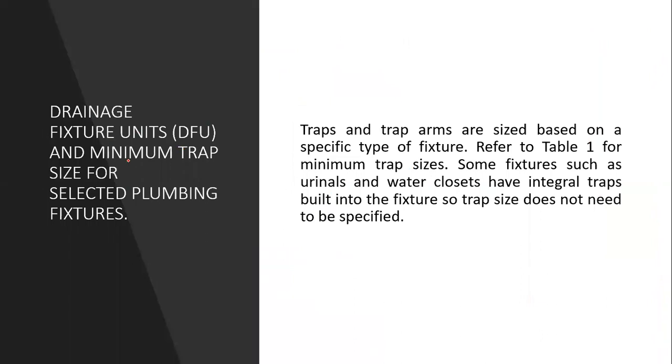Drainage fixture units and minimum trap size for selected plumbing fixtures. Traps and trap arms are sized based on a specific type of fixtures. Refer to table 1 for minimum trap sizes. Some fixtures such as urinals and water closets have integral traps built into a fixture, so trap size does not need to be specified.